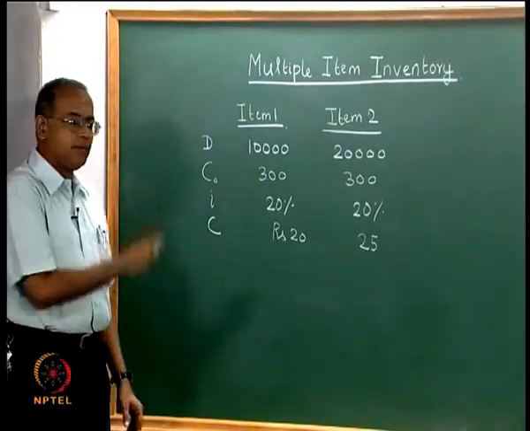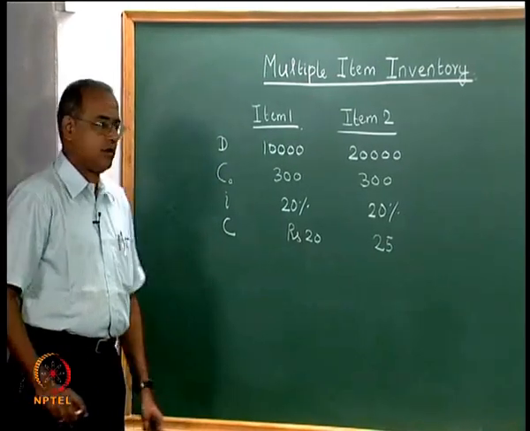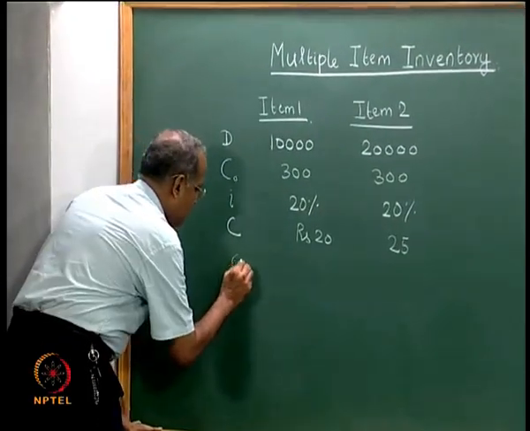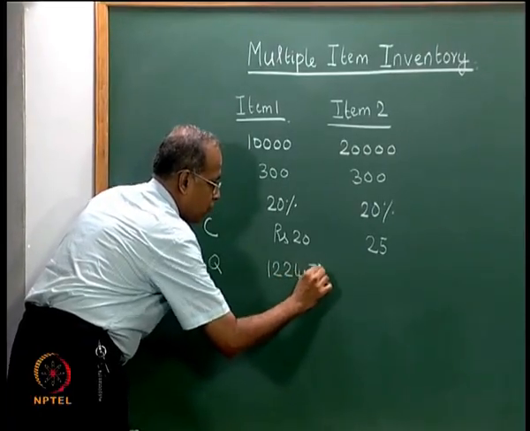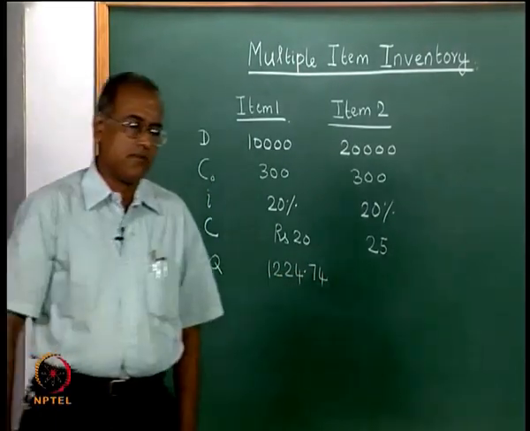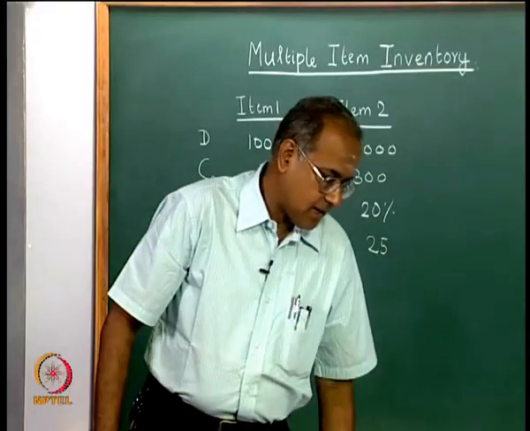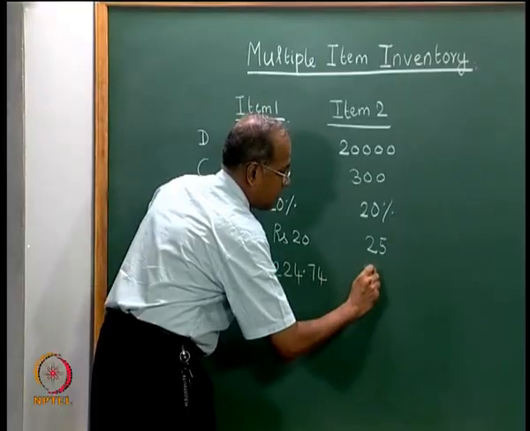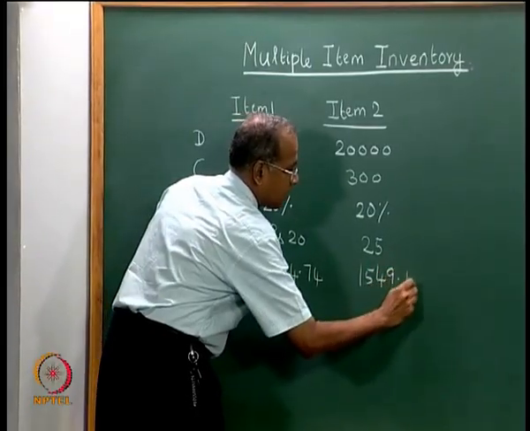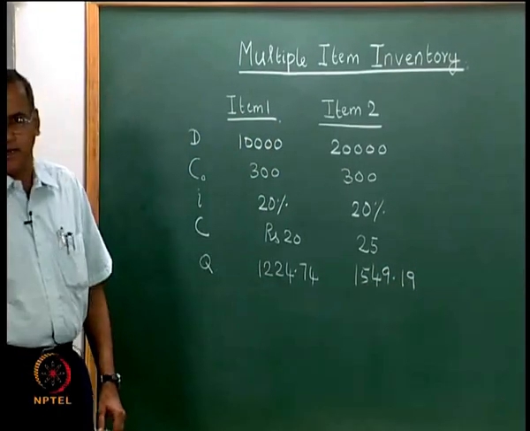We have already computed the economic order quantity for both these items, and it comes to 1224.74 for the first item and 1549.19 for the second item.